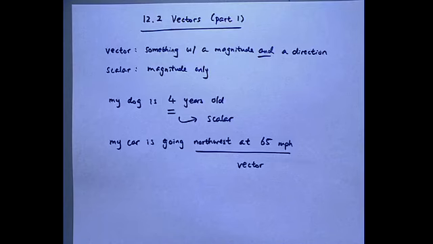The tail is called the initial point, and where the tip ends is called the terminal point. Let's say we have another vector, B, that looks like that.